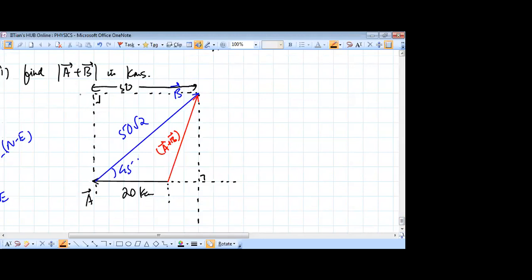Right. And this is going to be 50 kilometers. How do I know this? I know this from this triangle. See, this is a triangle of, this is 50 root 2. This angle is 45.